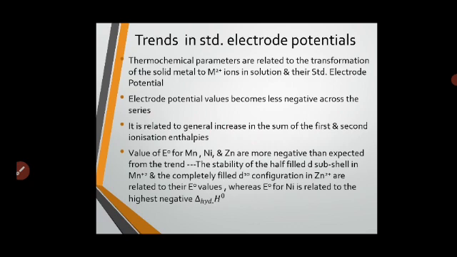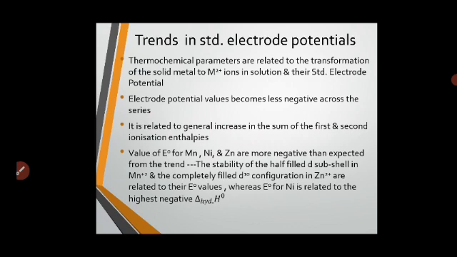The stability of the half-filled d subshell in Mn2+: when 2 electrons are lost from the Mn metal atom, it becomes stable because of the d5 configuration, that is exactly half filled, and hence the value for Mn becomes more negative, that is minus 1.18. Similarly, this happens for Zn2+ also because of the completely filled d10 configuration. Now 2+ means 2 electrons are lost.